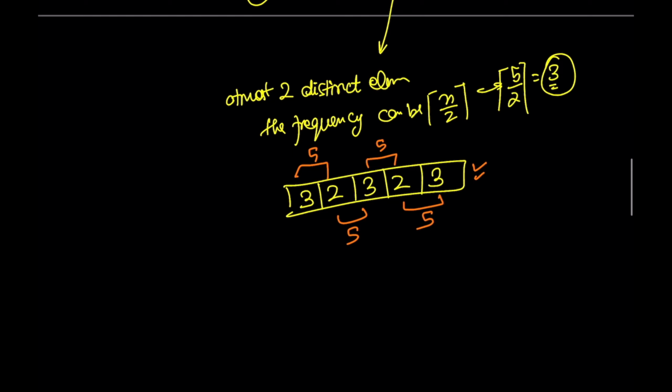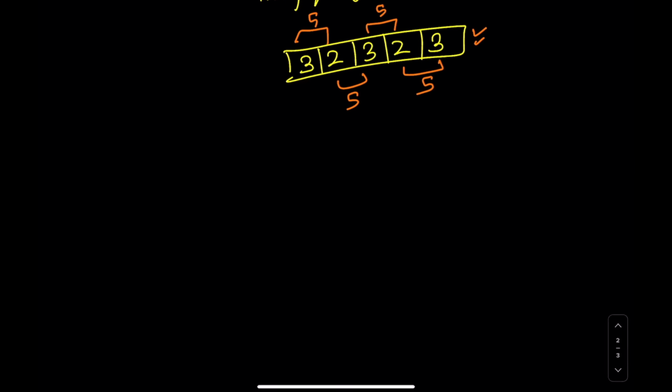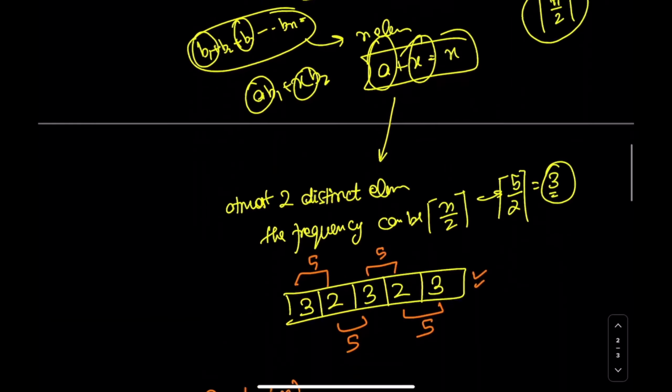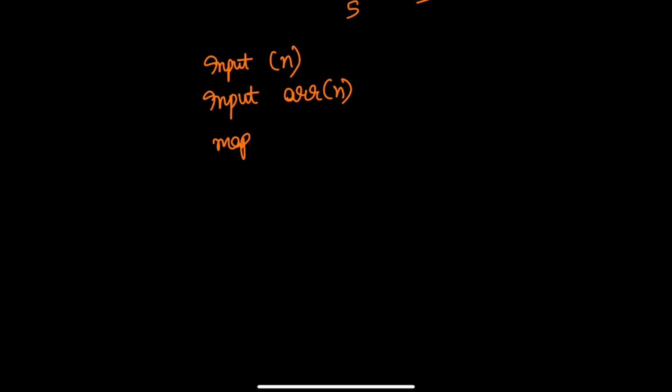So let's just see a little bit of pseudocode. We'll have an input, that is n. We'll have an input array arr of n. Now we need to calculate the frequency for all of them. So we'll have a map that will store each variable and its count, like the frequency of that variable.